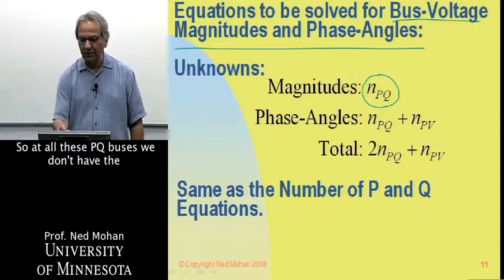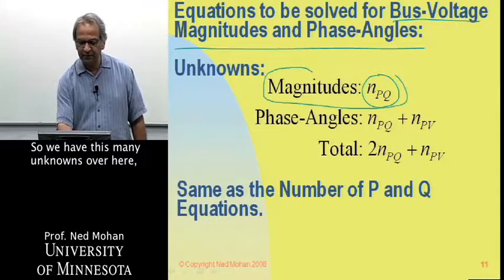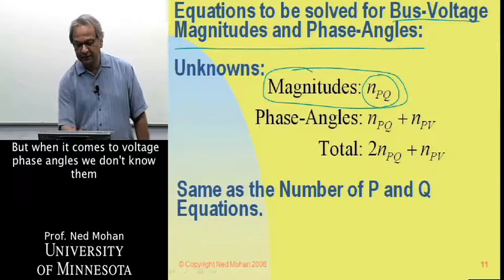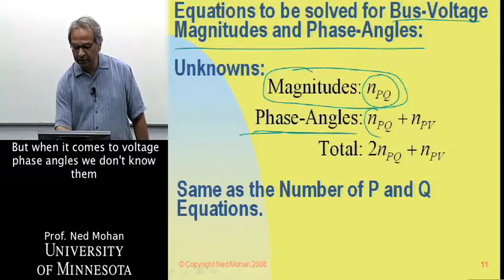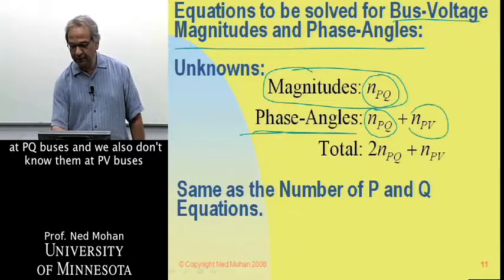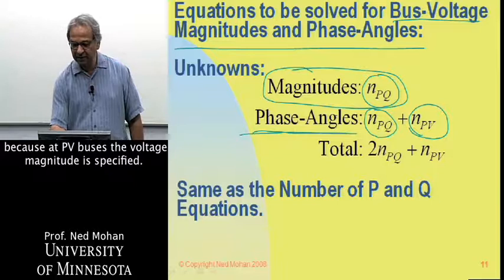Okay, so at all these PQ buses, we don't have the voltage magnitude. So we have these many unknowns over here in terms of voltage magnitudes. But when it comes to voltage phase angles, we don't know them at PQ buses, and we also don't know them at PV buses, because at PV buses, the voltage magnitude is specified.